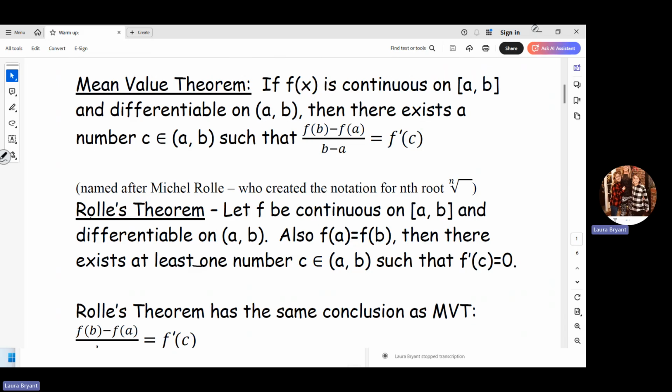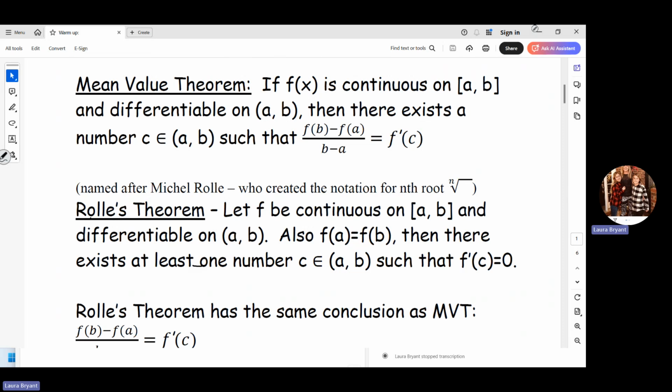And then squeeze theorem or sandwich theorem was one of them. We probably could stand to review that a little bit. And then extreme value theorem was in yesterday's notes. That just says a maximum and minimum will exist. And then the last 2 are today. I say the last 2 because that doesn't mean we're done with calculus. The 5 big theorems we learned all have to do with limits and derivatives, and then the other stuff we do is just other stuff. It's just not theorems.